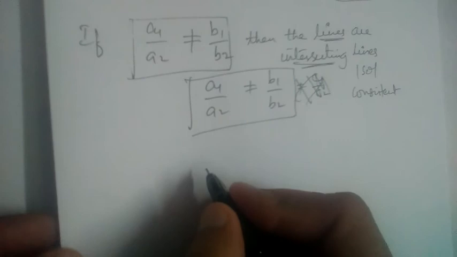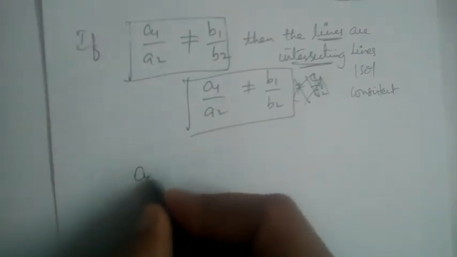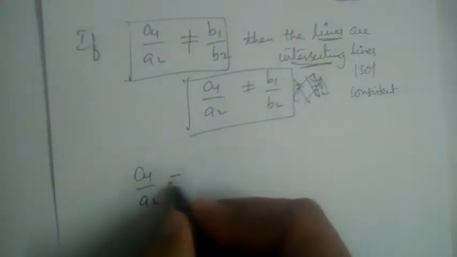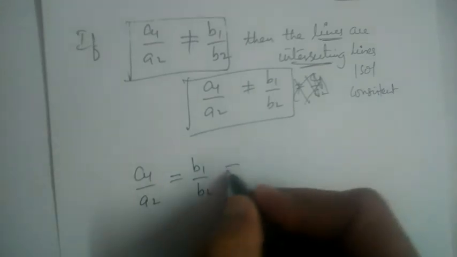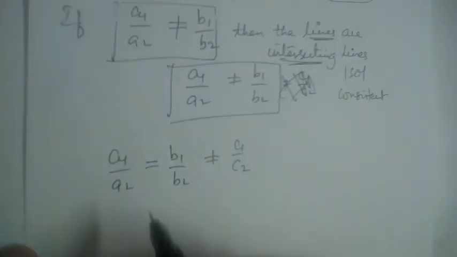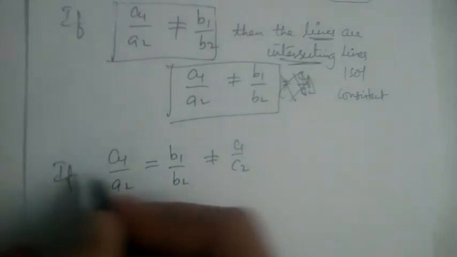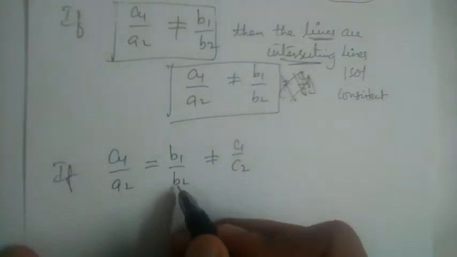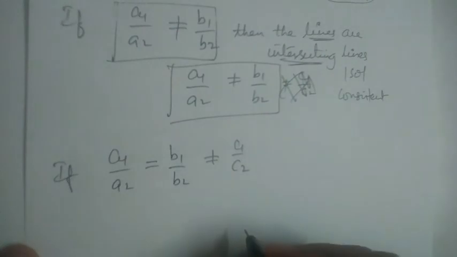Now what will happen if a1 by a2 is equal to b1 by b2 and not equal to c1 by c2? This case is also possible, right? a1 by a2 is equal to b1 by b2 not equal to c1 by c2.